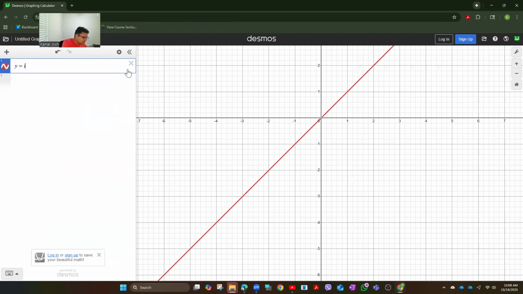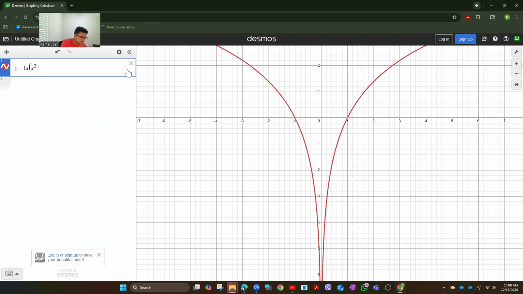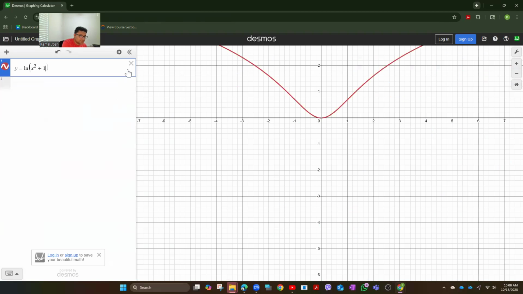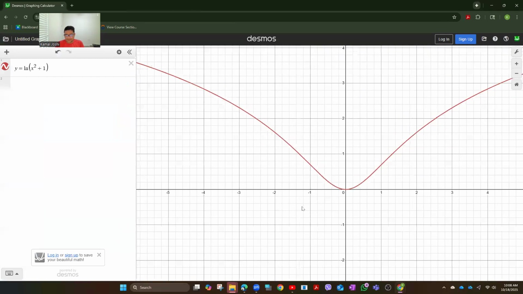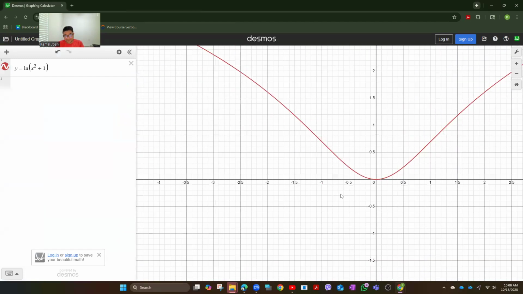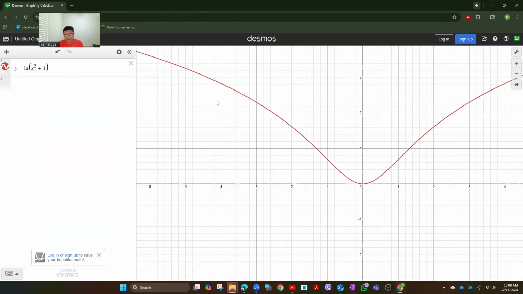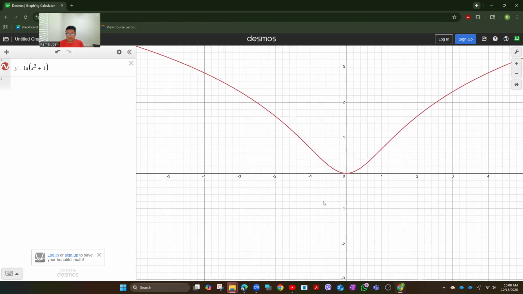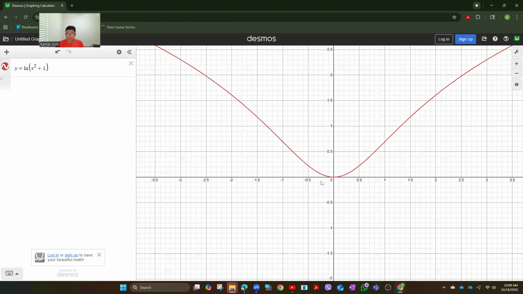y equals ln of x square plus 1. Yes, again not very easy to see, but you can figure out that on the left side it's concave down, but by the time you are closer to 0, it is concave up.